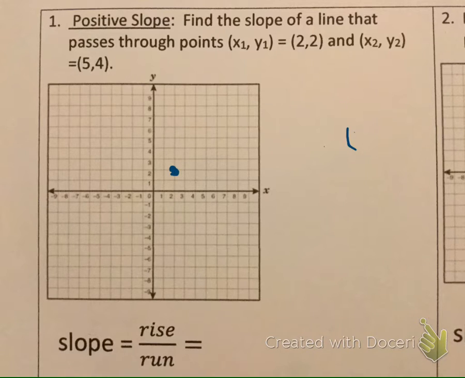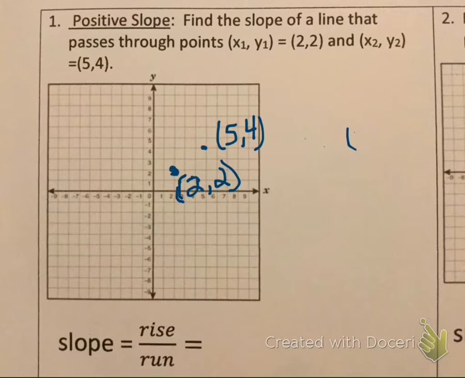And I'm going to label that 2, 2. And then the other point is at 5, 4. 1, 2, 3, 4, 5. That's 2, 3, 4. Okay. It's a little sloppy on this pad.